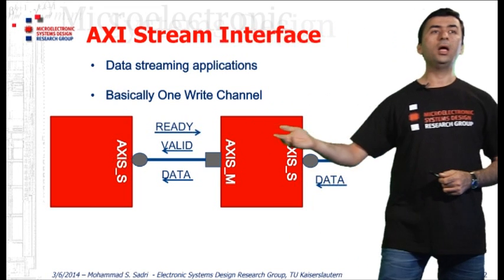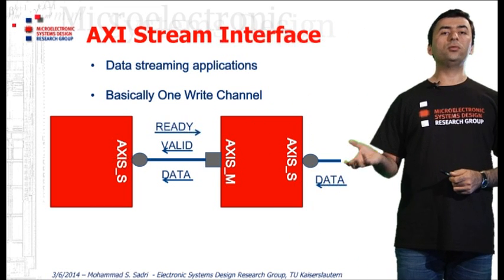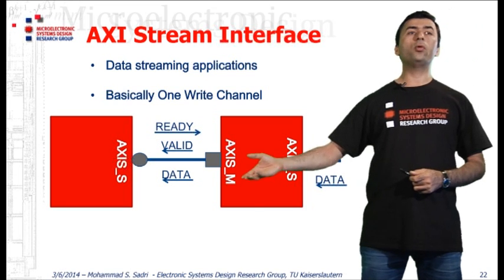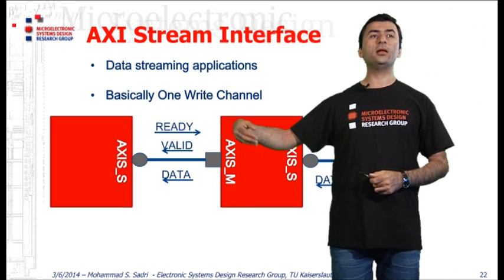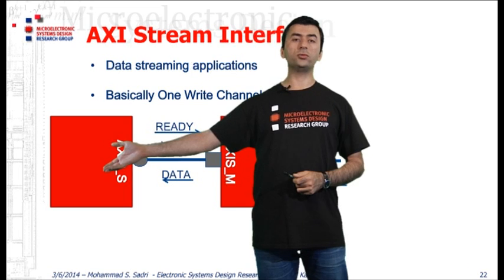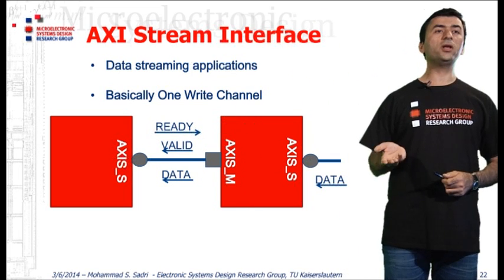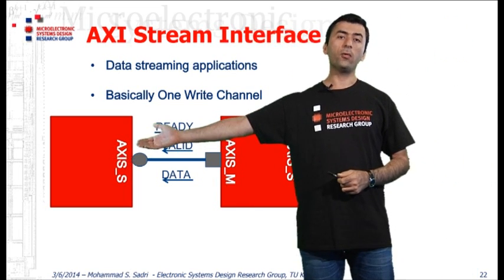For example, the data is coming from an A to D, and the data goes into a filter, and then the data gets passed to the next module. We have the stream of data flowing inside our hardware.